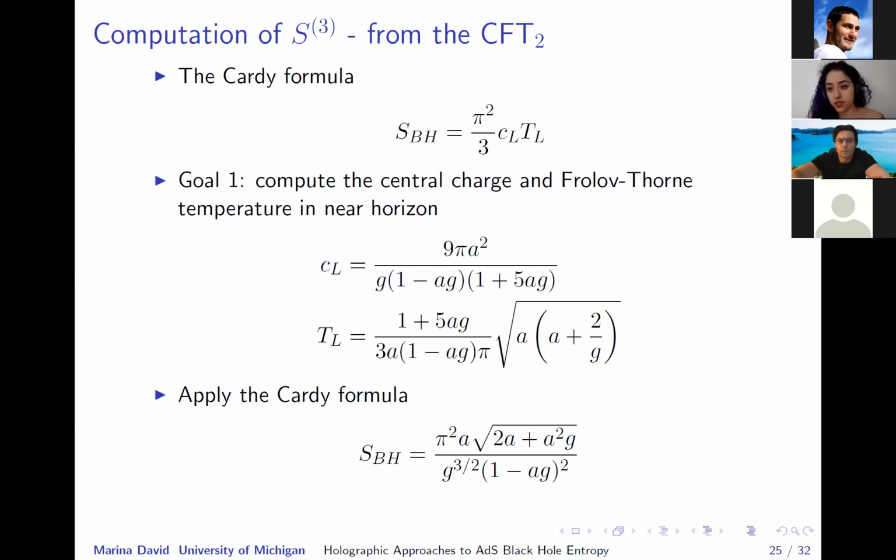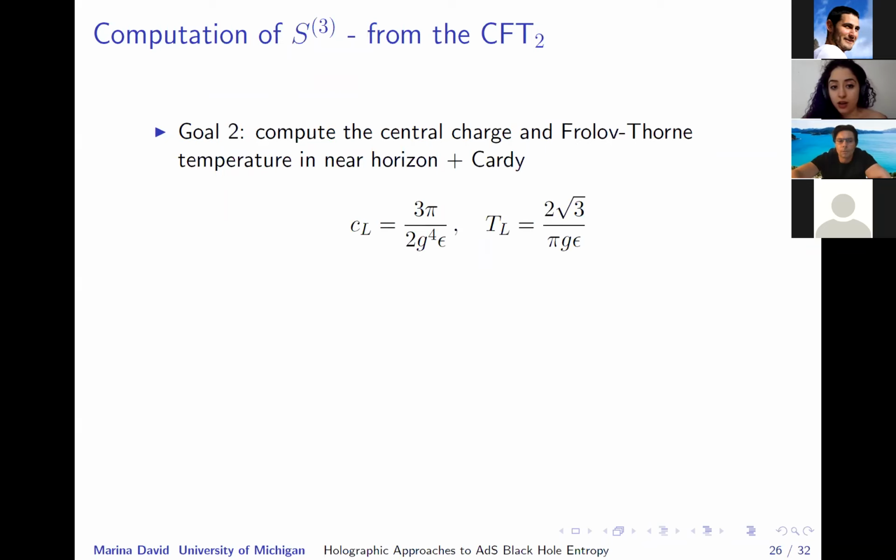So if you compute the central charge and temperature following the Kerr/CFT correspondence, you will find these four corresponding expressions, and then you apply the Cardy formula. And you find this to be the black hole entropy. Now, however, we want to compute it by imposing also the Cardy-like limit.